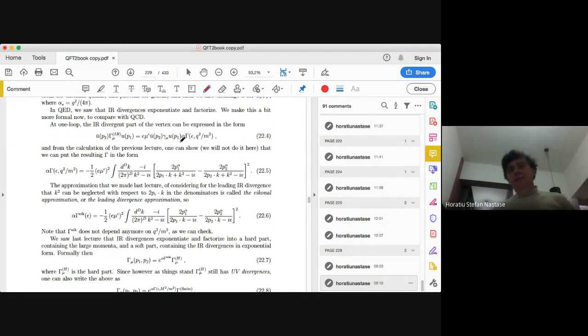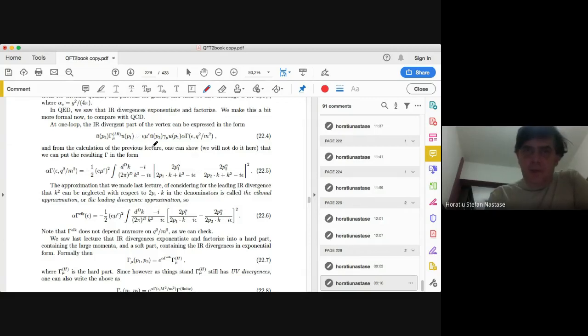And in order to compare with QCD, which is more complicated, we'll also do it in a more formal way. So the physical calculation of the vertex would be with some external ubar of p2 to the left and u of p1 to the right.